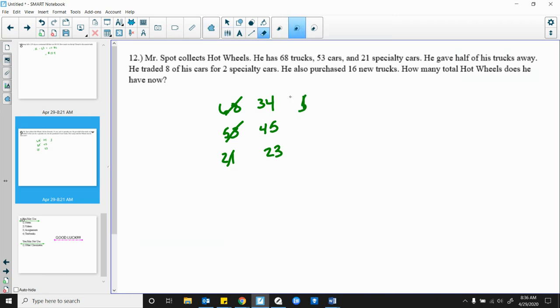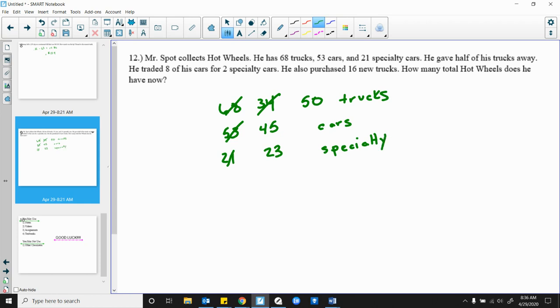Oh, let's rewrite that. So I have 50 trucks, 45 cars, and 23 specialties.